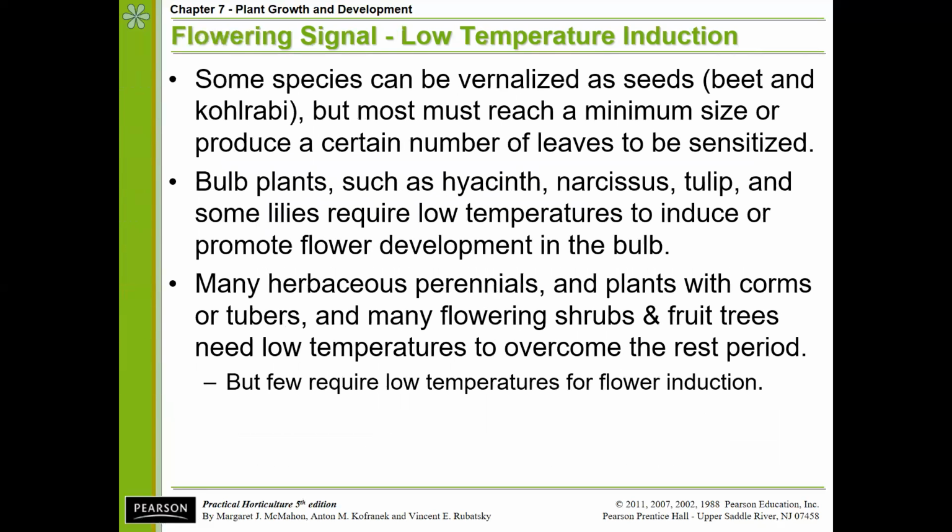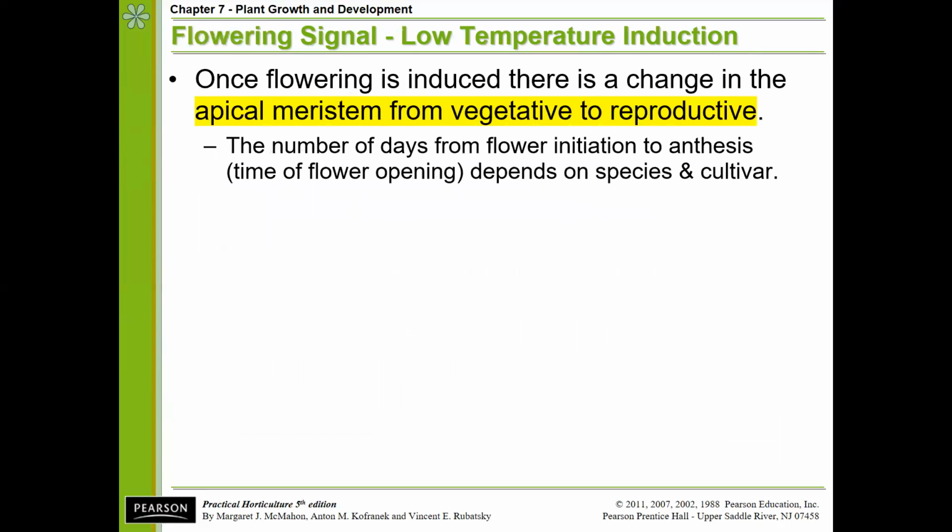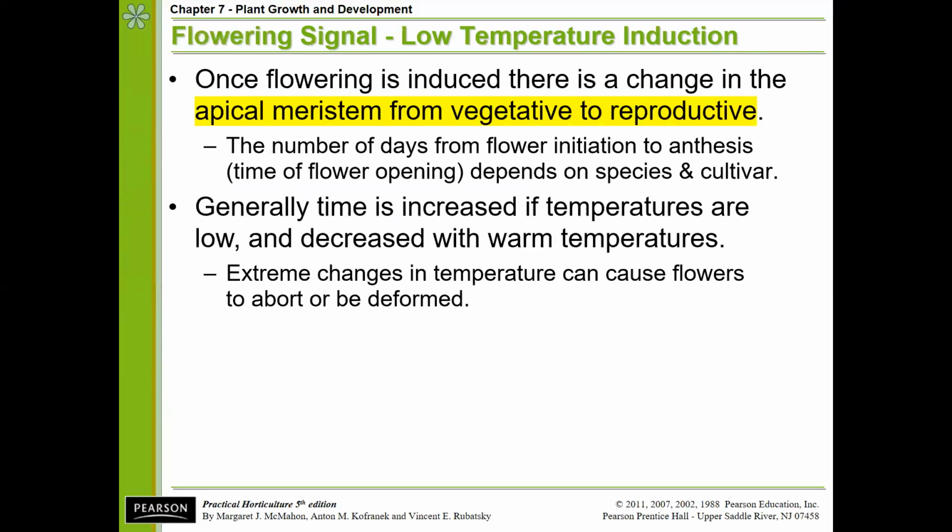This slide, we're just looking at some of these low temperature induction of flowering signals in some particular plants such as bulbs, or in some cases vernalization can occur in seeds. Again, the apical meristem is where these cells are differentiated, changing from vegetative to reproductive cells, and that's going to be dependent upon different species of plants and different cultivars.